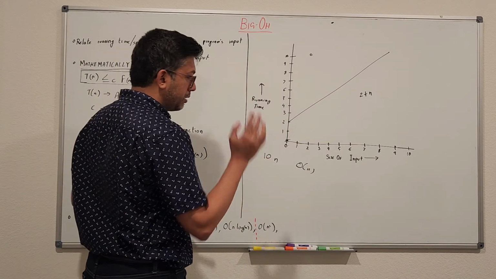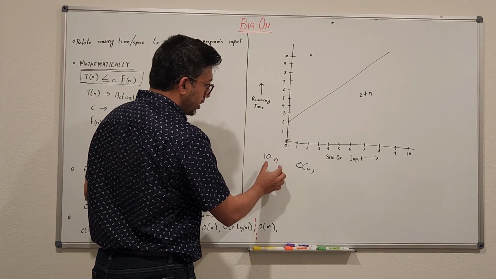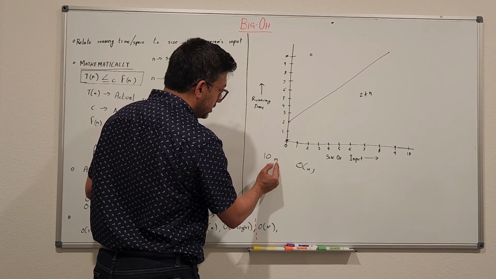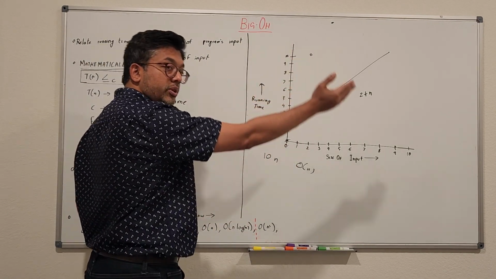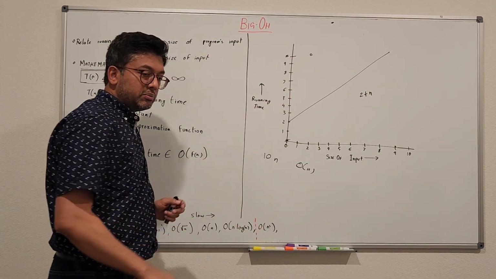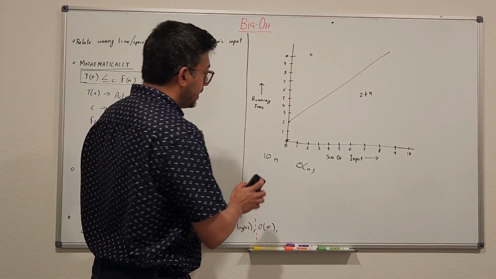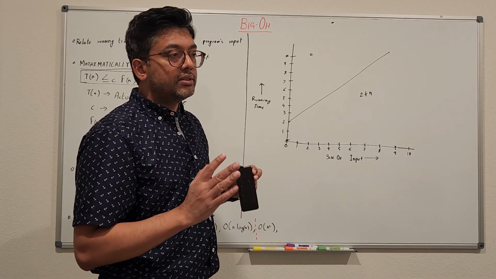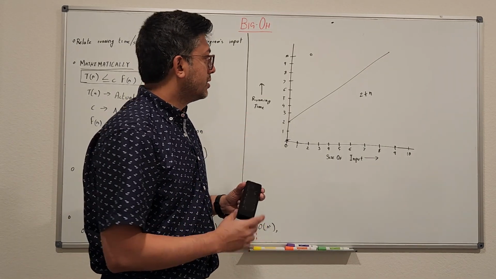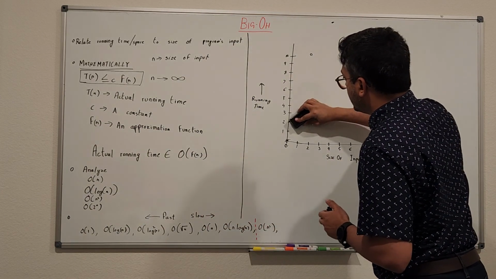You can pick any arbitrarily big constant. As long as the constant times this is more than the actual running time as n tends to infinity, your approximation is correct. This is why we call this an upper bound. So BigO means my code runs in this time or faster as n tends to infinity. So it's an upper bound.